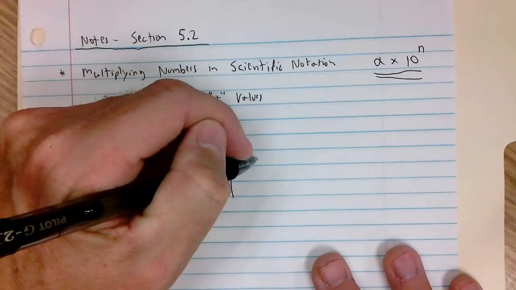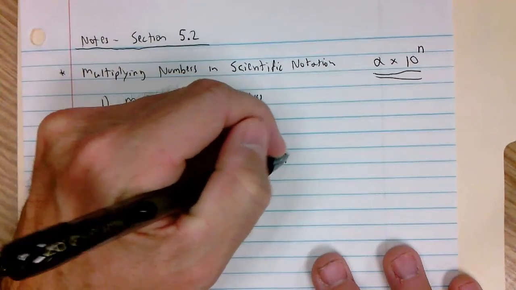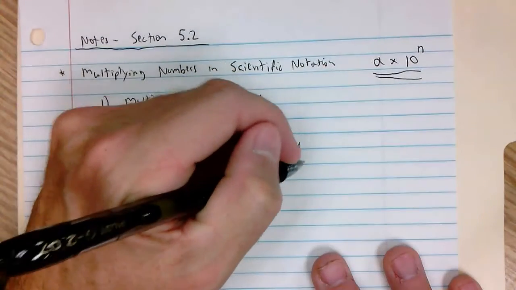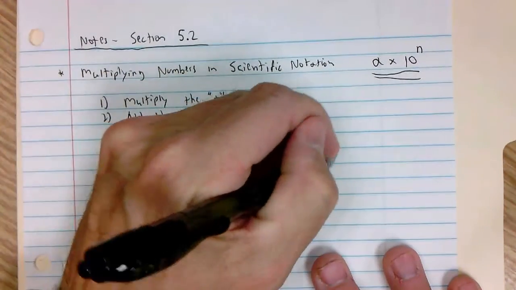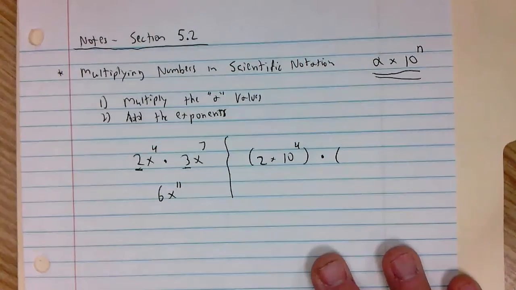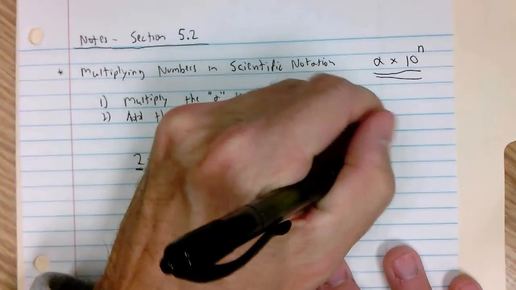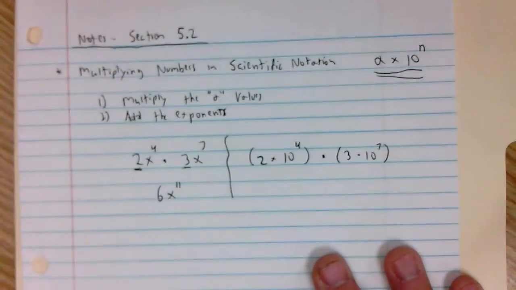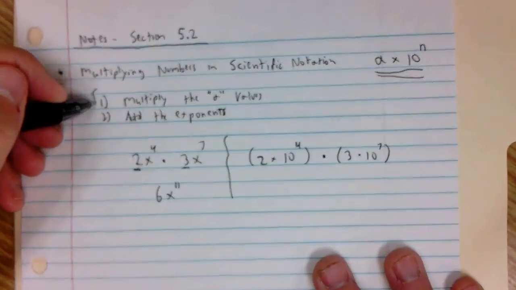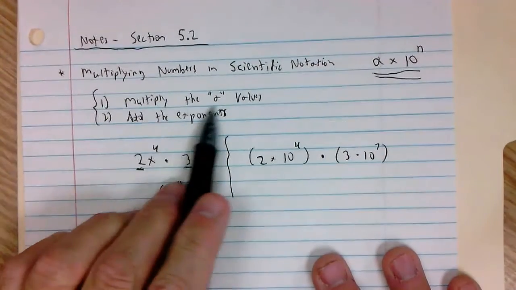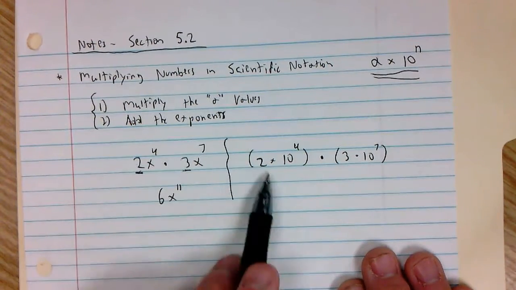What if I had two numbers that are in scientific notation, say 2 times 10 to the 4th power, times 3 times 10 to the 7th power. Well, it's very similar, which is what I was describing up here. You multiply the a values. The a values are just like the coefficients.